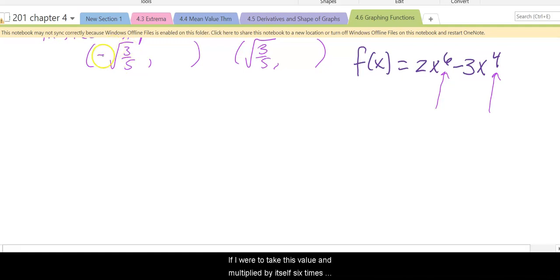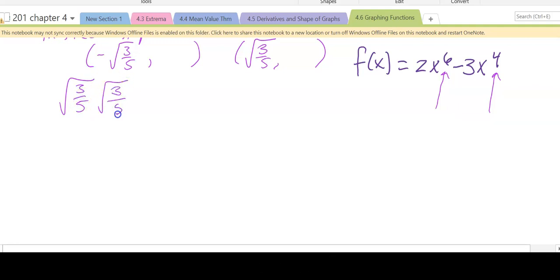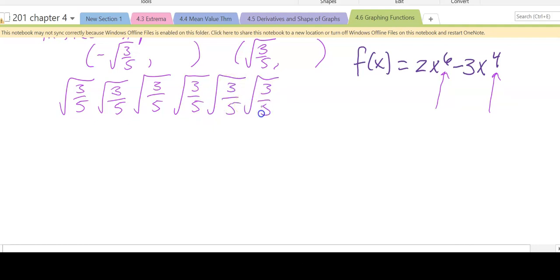If I were to take this value and multiply it by itself 6 times, that means that I would have to have 6 in a row of this square root of 3/5. Every pair of those will give me 1 3/5. That's 4, 5, and that's 6.